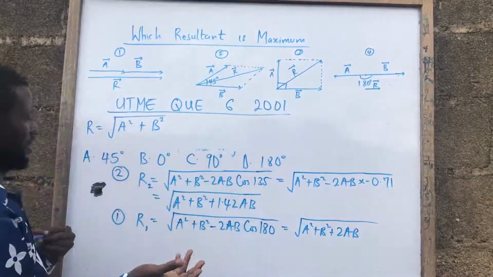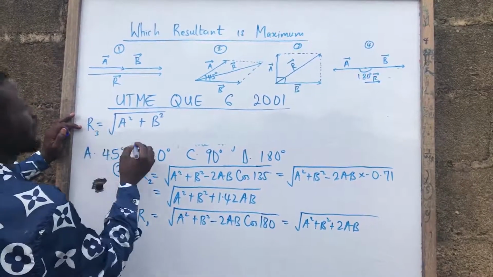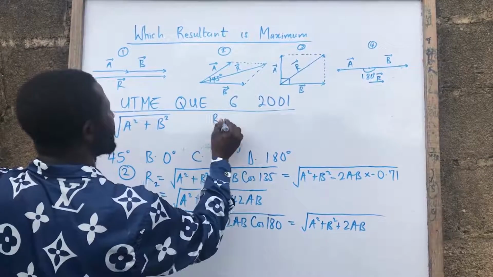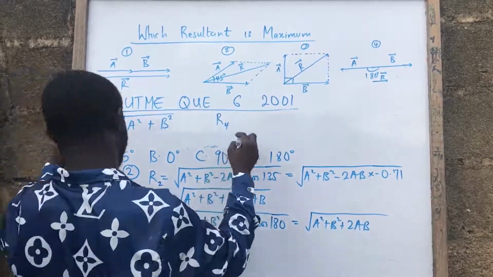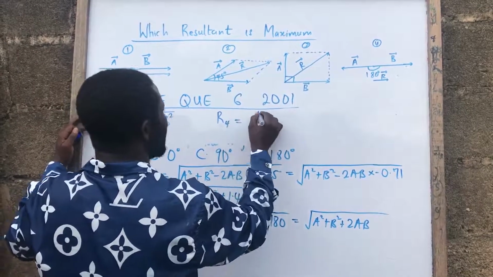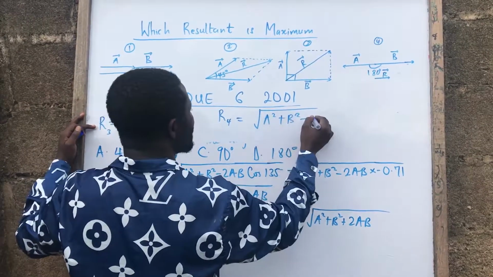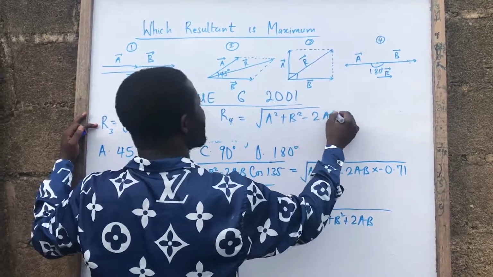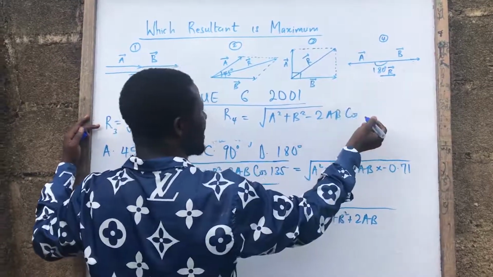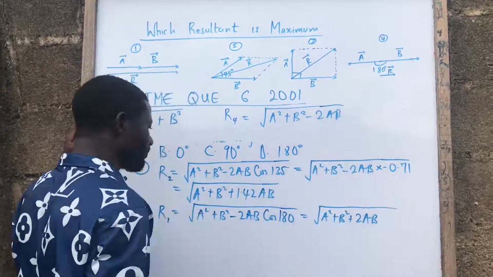This is for R3, and for R4, I will have R is equal to square root of A square plus B square minus 2AB cos of 180 minus 180, which is 0, and cos 0 is 1. So this is what I'm going to have.